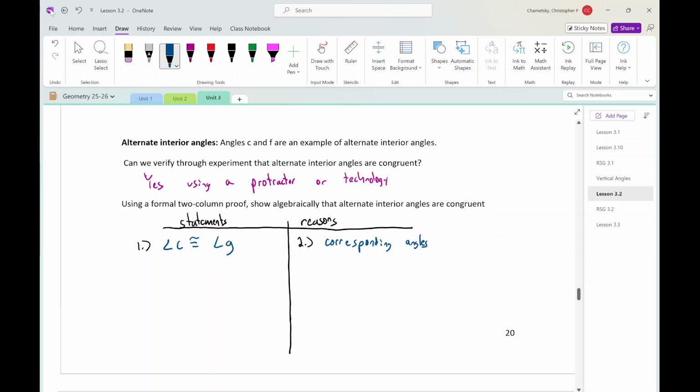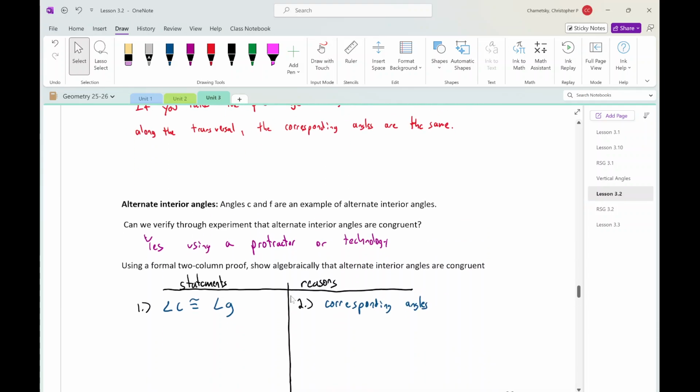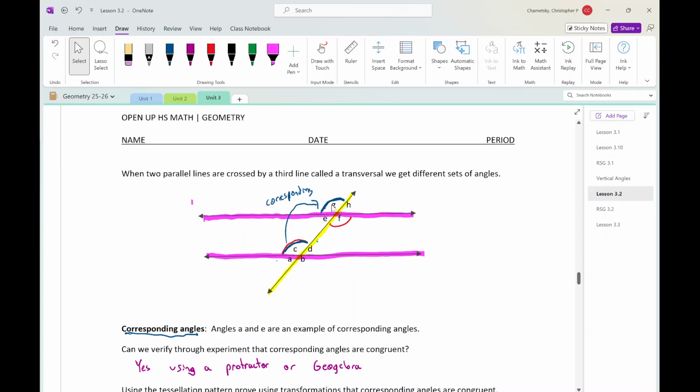Which shows us something nice about when we prove something. If we prove corresponding angles, I can use that in a later proof. Okay, so I know C and G are congruent. I can also say now that G and F are congruent because those are vertical angles, and we've already proven that vertical angles are congruent.